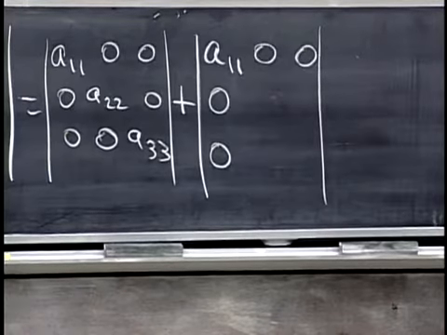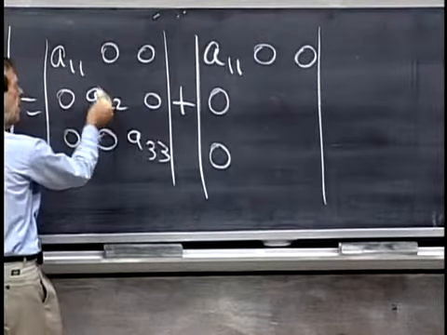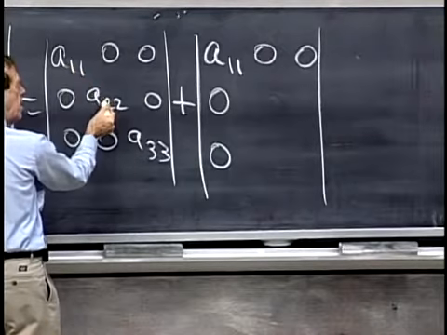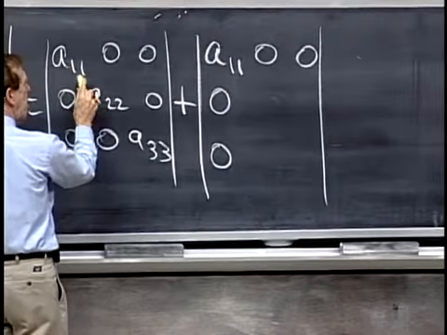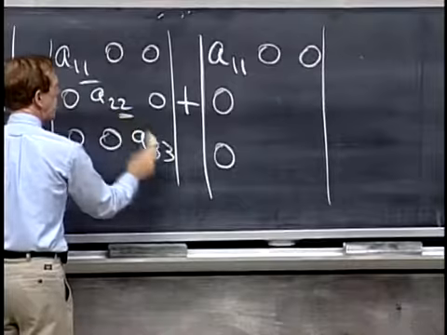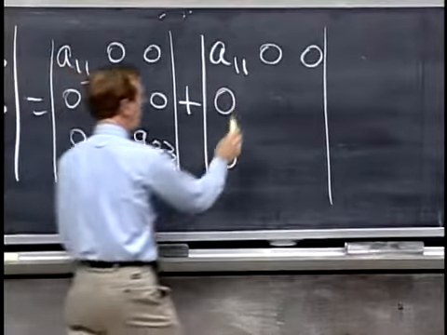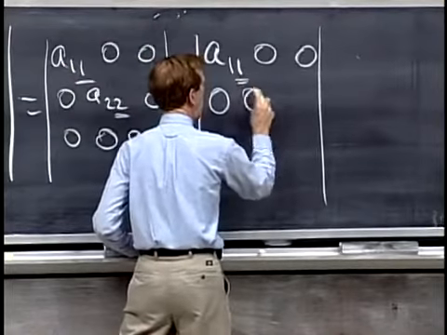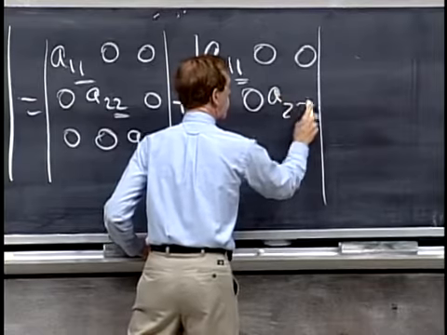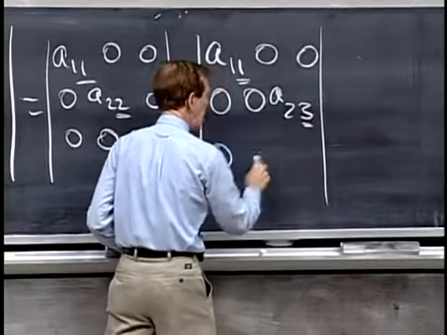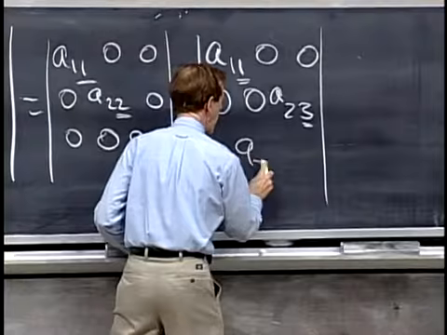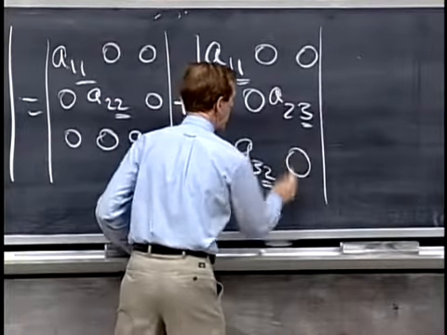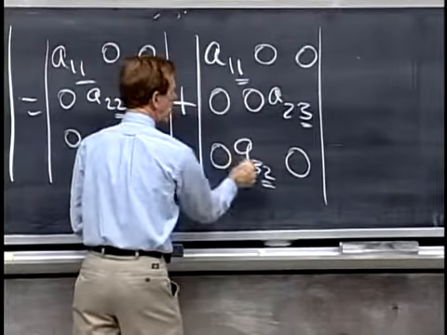Use column 3. Because if I use column 1 in row 1, the column numbers were 1, 2, 3, right, in order. Now the column numbers are going to be 1, 3, column 3, and column 2. So the row numbers are 1, 2, 3, of course.